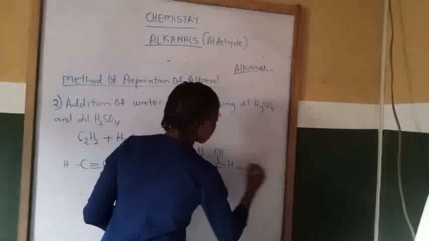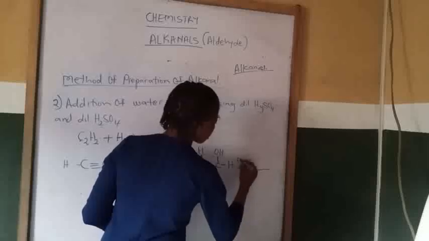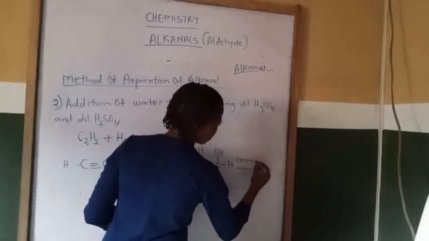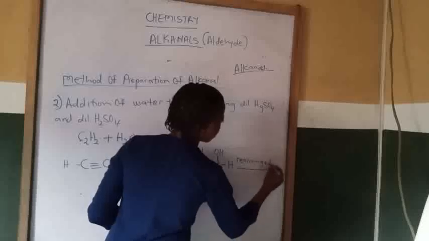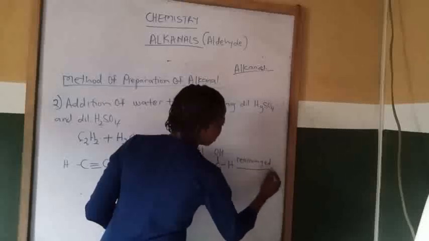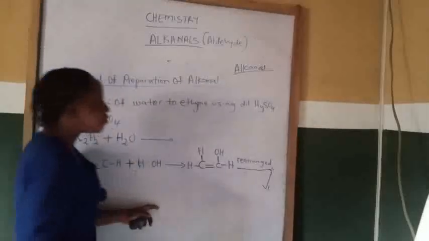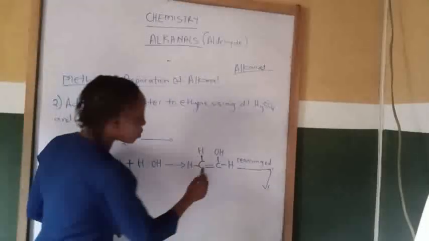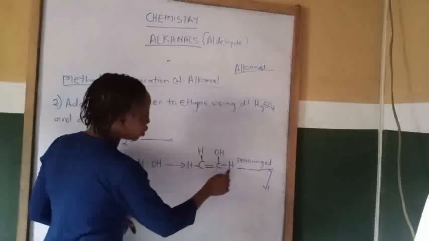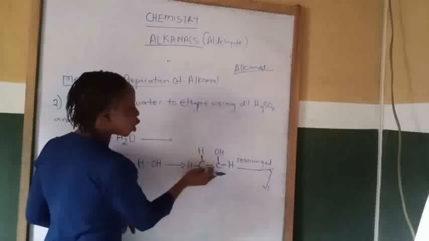The rearrangement of this structure will give us the second member of alkanal. So the hydrogen will come here for this double bond to open.